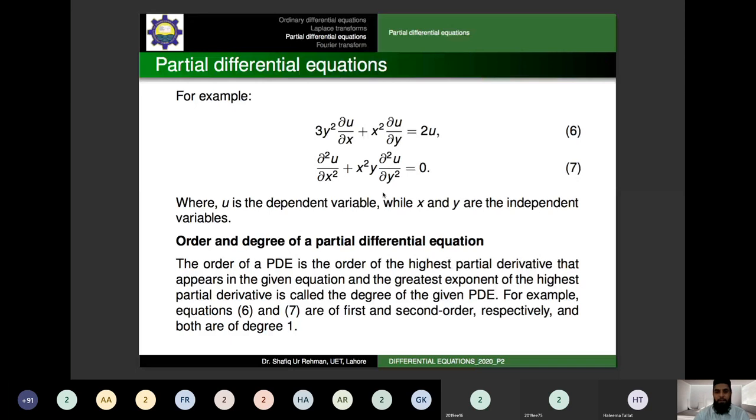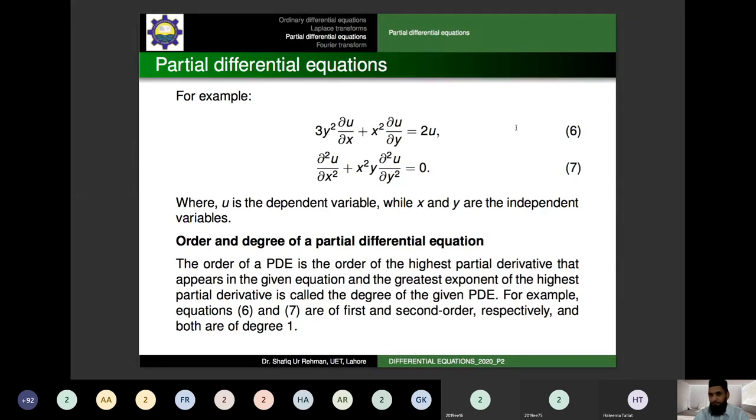For example, if you look into equation number 6 in this text. So for number 6, we see that the highest derivative is of order 1. So equation number 6 is of first order. The highest derivative in the second example is of order 2. So the second example is an example of a partial differential equation with order 2. The greatest exponent of the highest derivative: we see that the combined power of the first derivative is 1 in both cases.